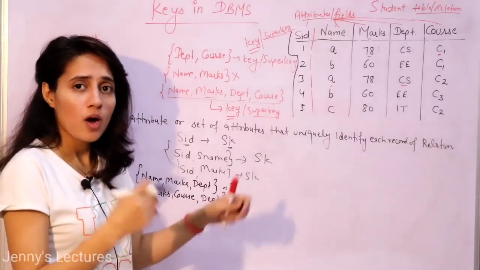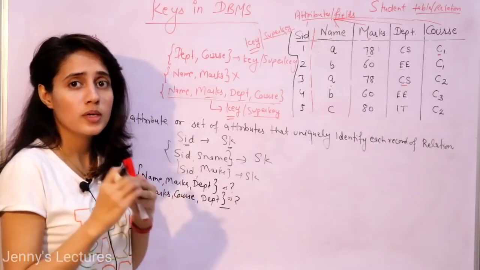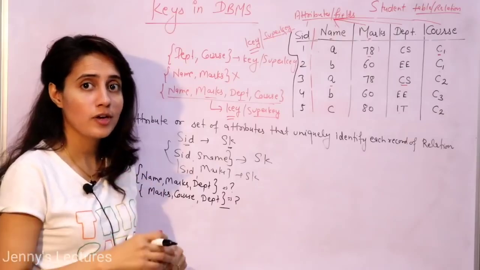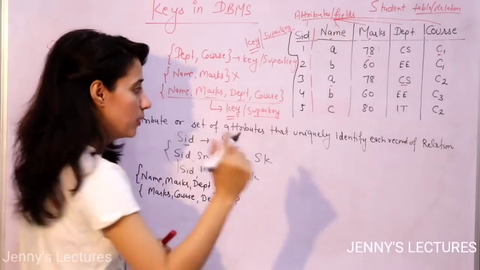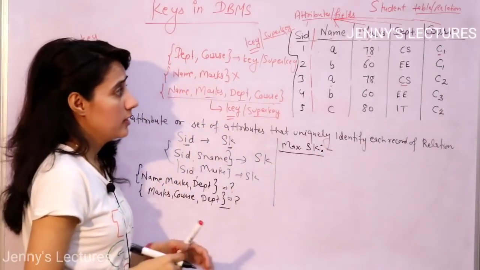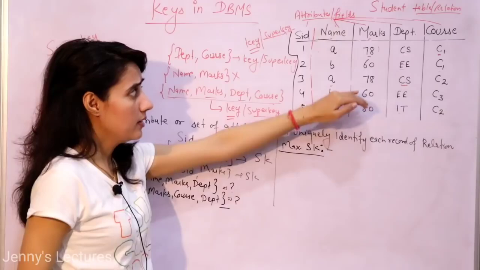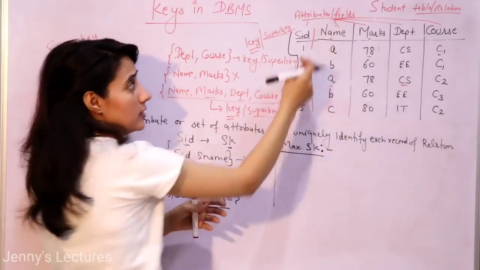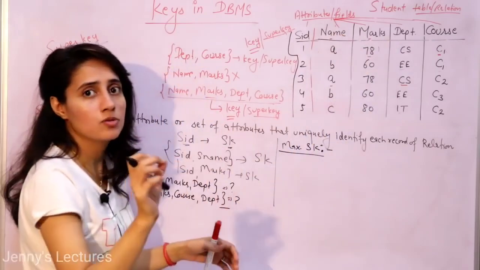Now one question may be, how many maximum number of super keys are possible in a relation, right? How will you find out the maximum number of super keys? Let us take this example. In this I have 5 attributes, and in the maximum case each attribute individually can be a super key.